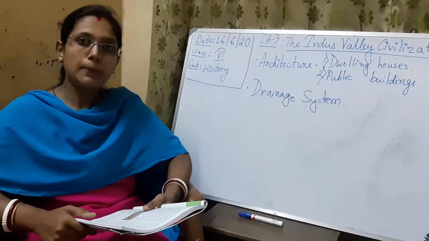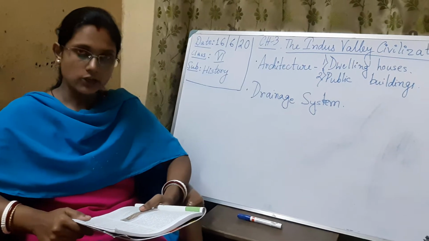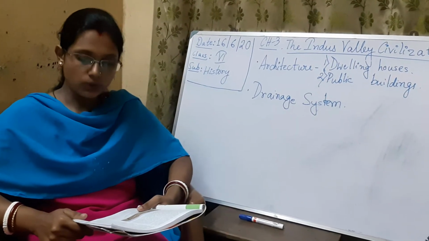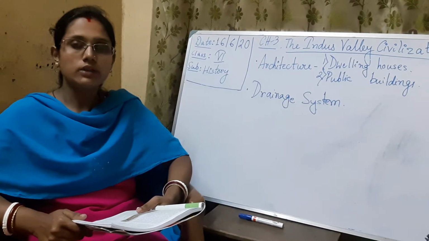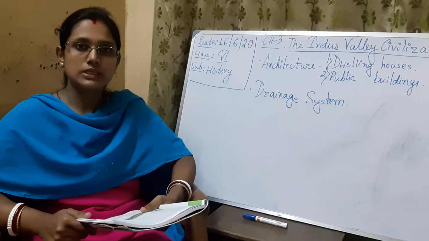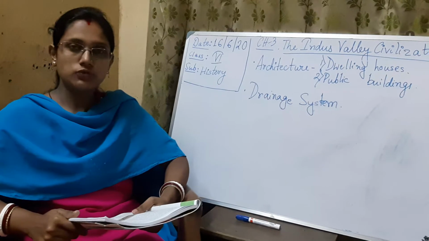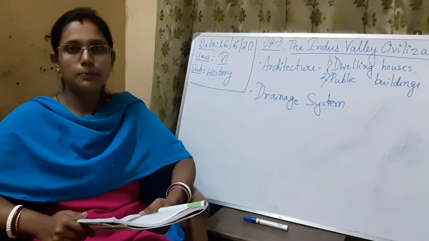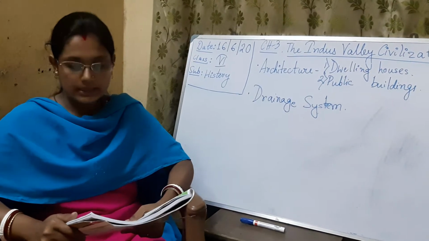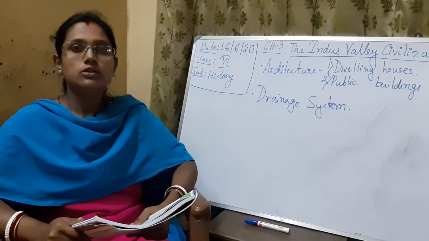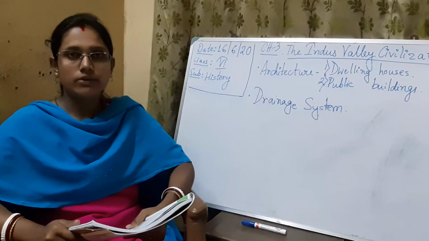Now let's talk about the public buildings. Please look at your book. The Great Granary. You may have heard about the granary of Harappa. Okay, there was a great granary present at Harappa, which is an example of a large building. Historians believe that they used to store the food grains in that great granary.